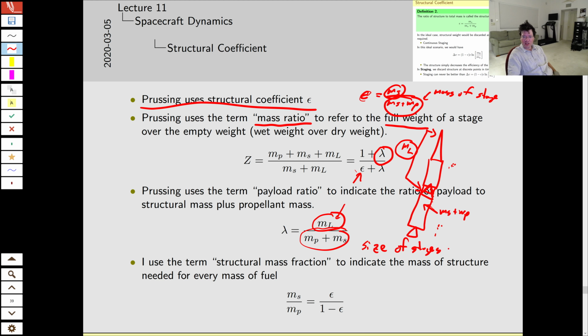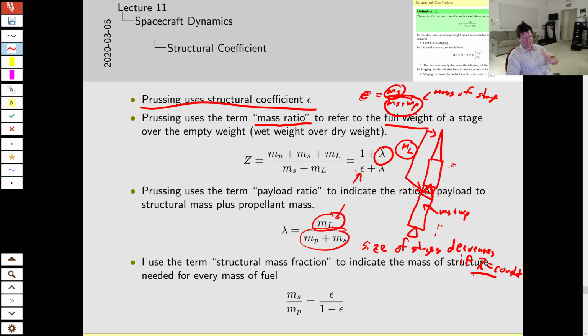Size of stages decreases as we get to further stages. So first stage is bigger than second stage is bigger than third stage. The size of stages decreases if, of course, lambda is constant. Again, this is a design parameter, something you choose.